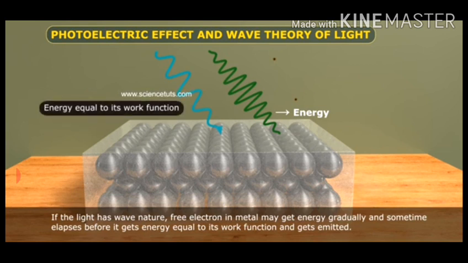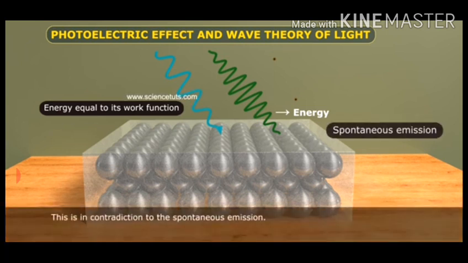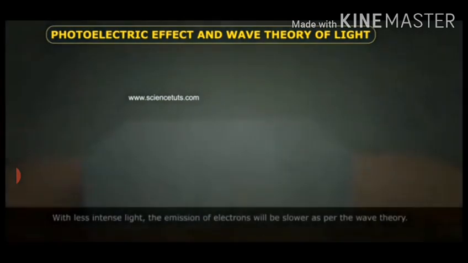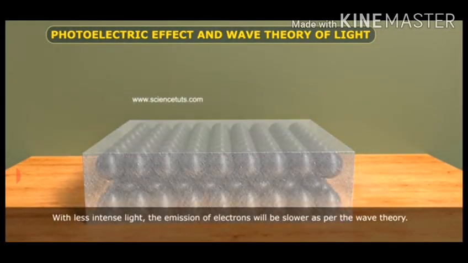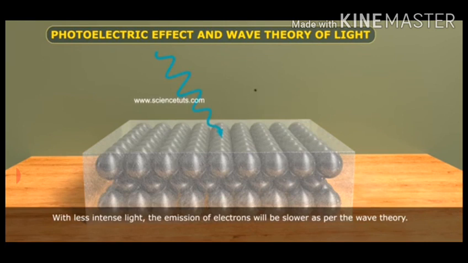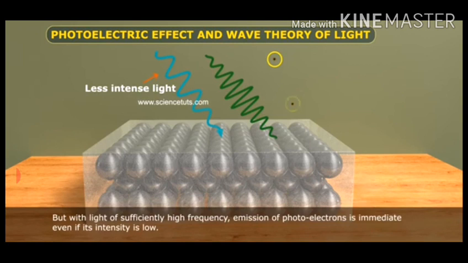This is in contradiction to the spontaneous emission. With less intense light, the emission of electrons will be slower as per the wave theory. But with light of sufficiently high frequency, the emission of photoelectrons is immediate even if its intensity is low.